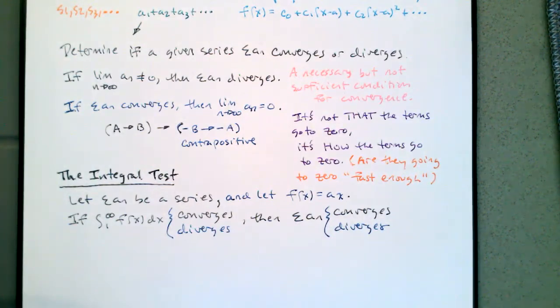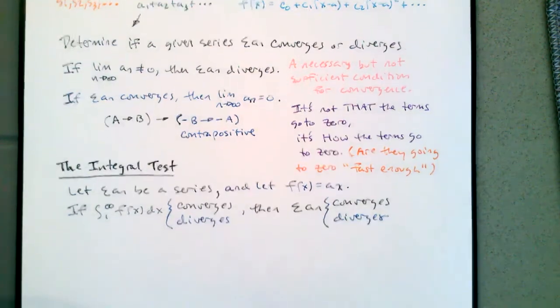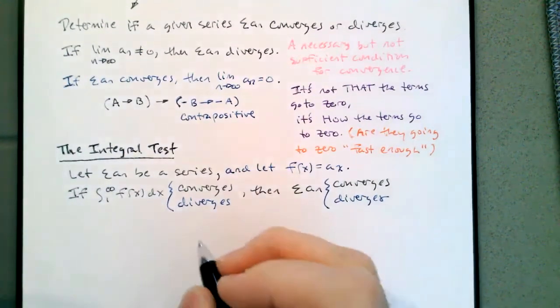So good news, we can determine if a series converges by integrating the terms. Bad news, we got to integrate the terms. We want to avoid that. That sounds like work, and that's something that we should always try to avoid. So an important result of the integral test was the P series.